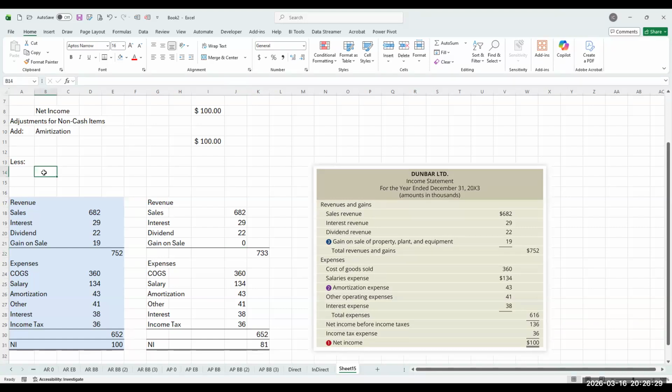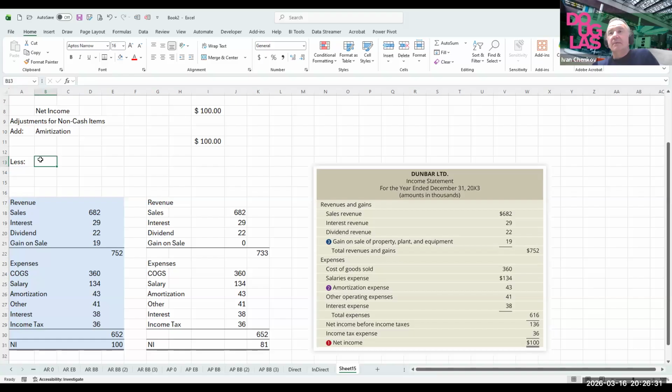So what I have to do here with any item which affects my income or revenue on the positive side, I have to deduct it to eliminate the effect of that item. Make sense? So for that reason, we're going to deduct gain on sale of long-term assets.